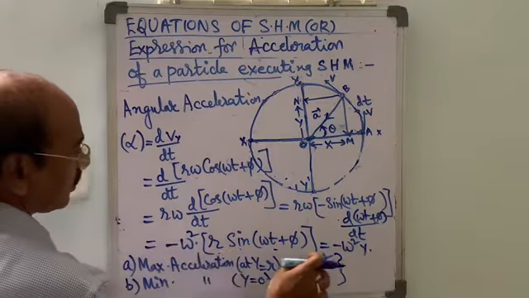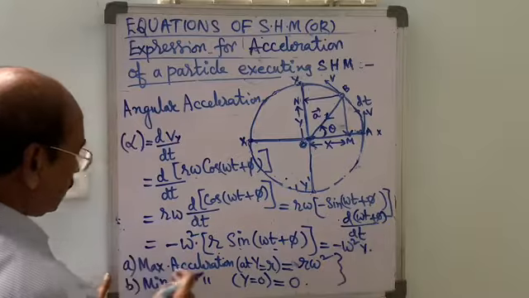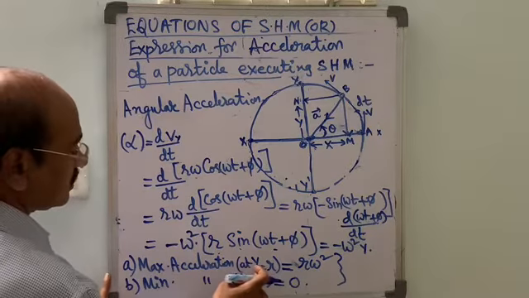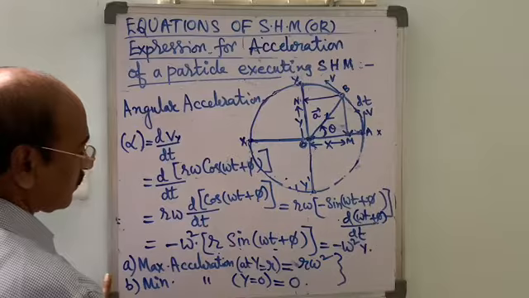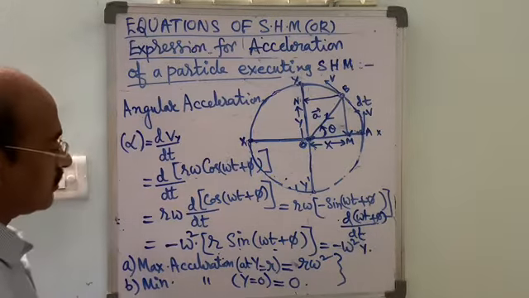On simplification we get minus omega square y. Therefore maximum acceleration is at y equal to r omega square, and the minimum acceleration is at y equal to 0, therefore 0.